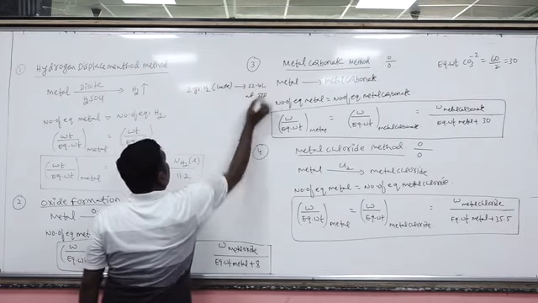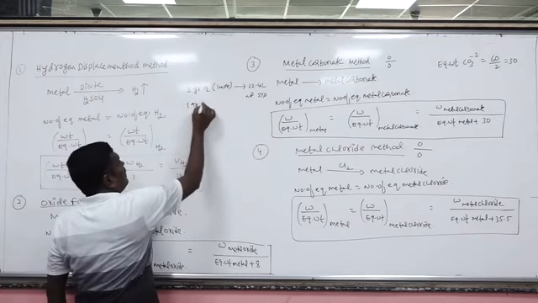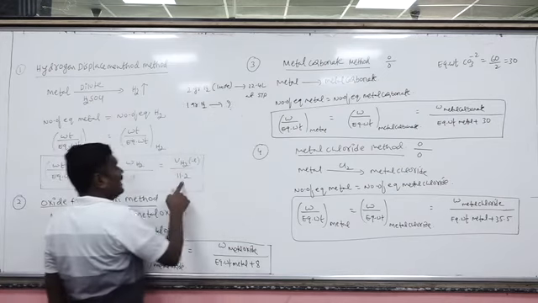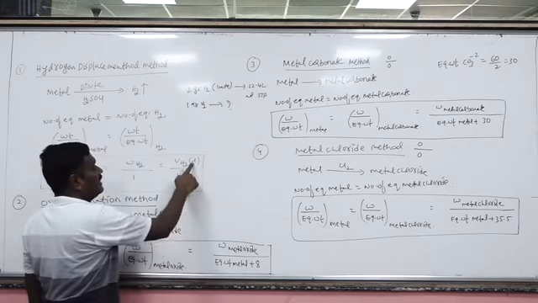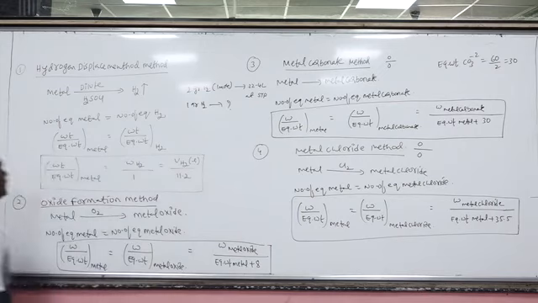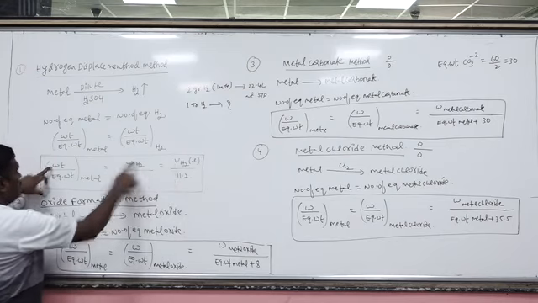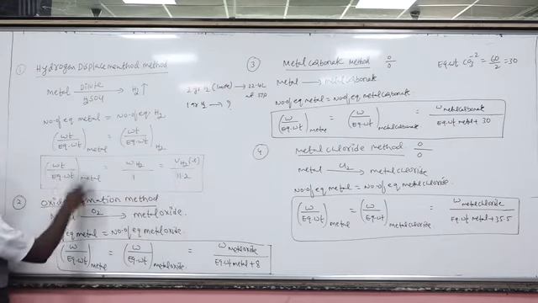Then for 1 gram of hydrogen, that is 11.2 liters, or 11,200 milliliters. So in the question, weight of metal is given, and volume or weight of hydrogen is given, then we have to find the equivalent weight of the metal.